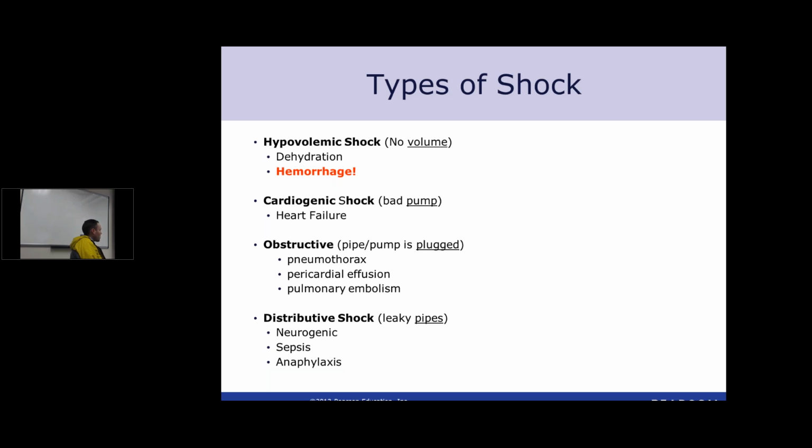Cold and clammy and pale, right? Sepsis, what are they? The opposite. So they're both distributive shock, and they both work through similar means, but they present clinically differently. Anaphylaxis is closer to which one of these? Probably sepsis, right? You get that histamine release causes vasodilation.